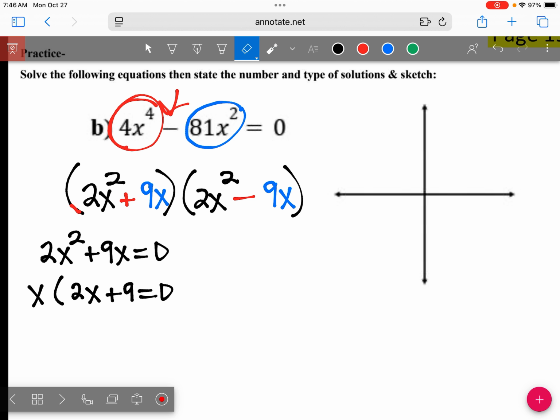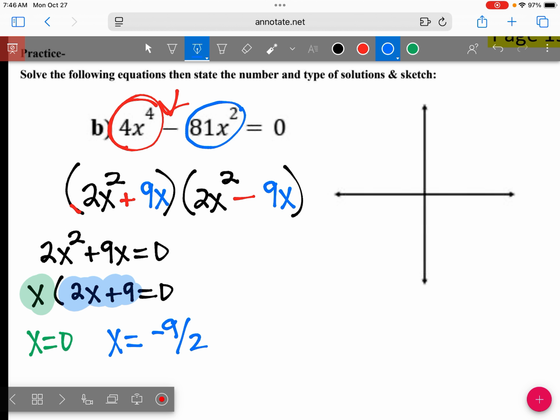So for this first one, we got x equals 0. For the second one, you should have x equals -9/2.